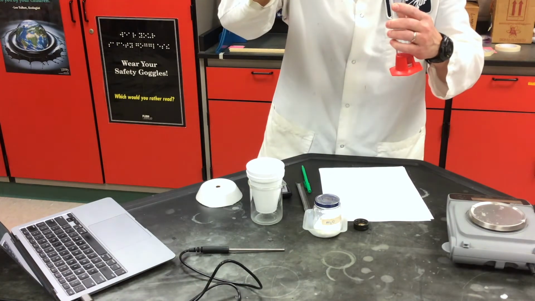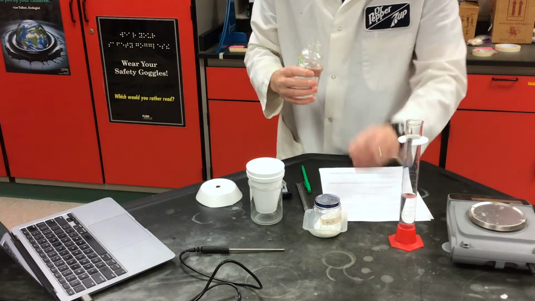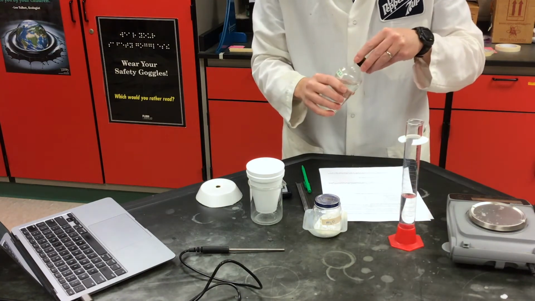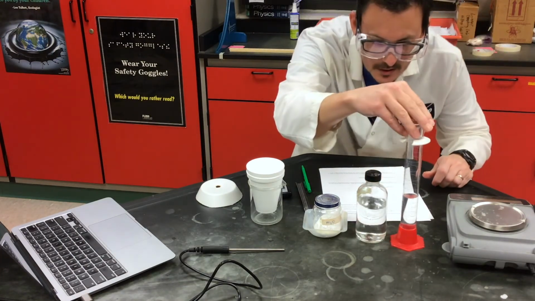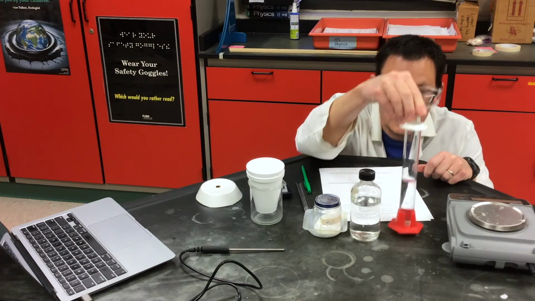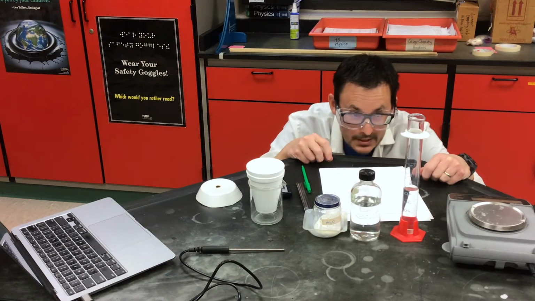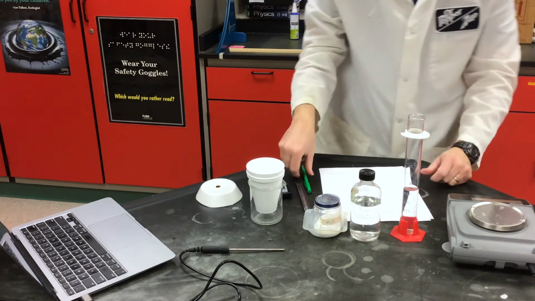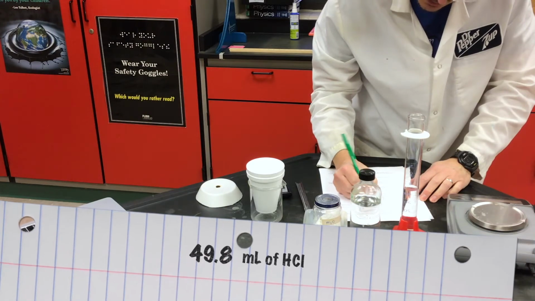Now, it does not have to be exactly 50 milliliters, but it does need to be whatever you write down it is. Make sure, once you measure your 50 milliliters, you get down to eye level. You can always pick this up also, get down to eye level. I think it's about 49.8 milliliters.